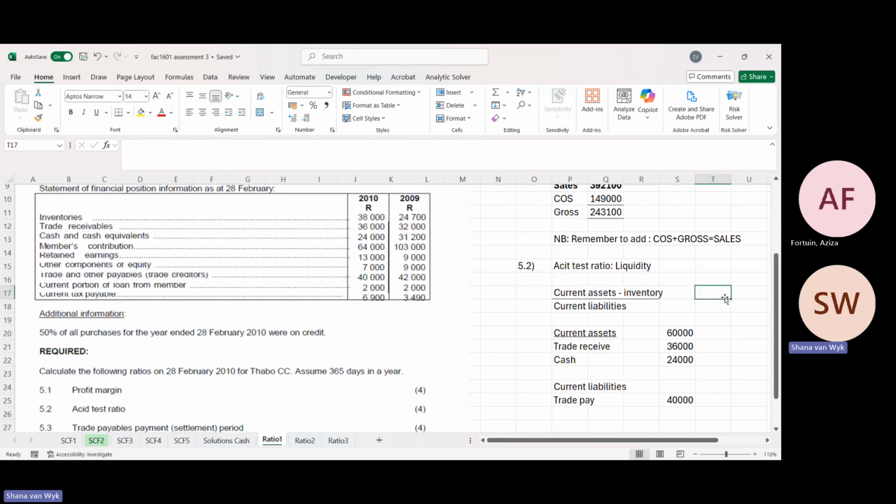So let's see what we get. Current assets minus 38 over 40. It's not a percentage, it's 0.55.